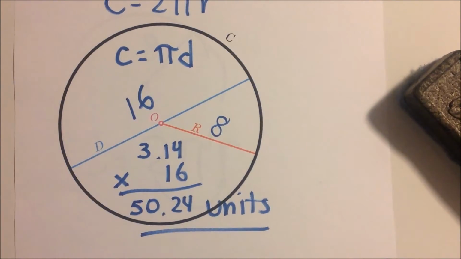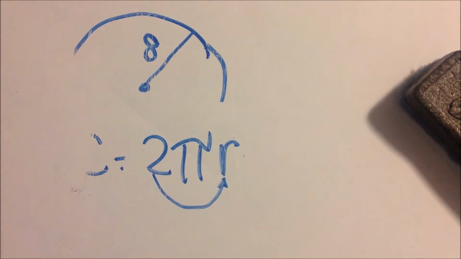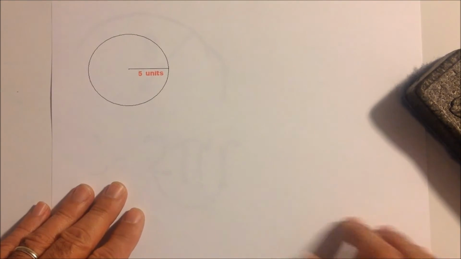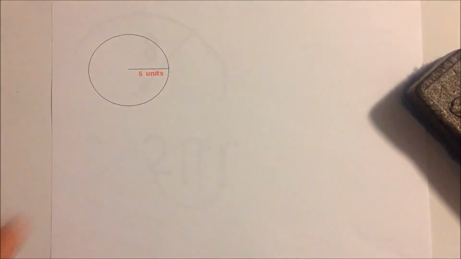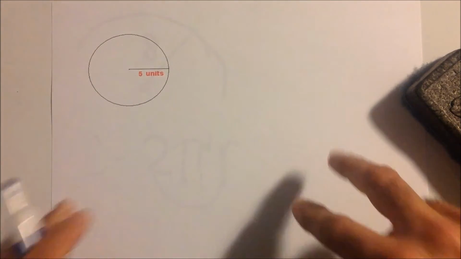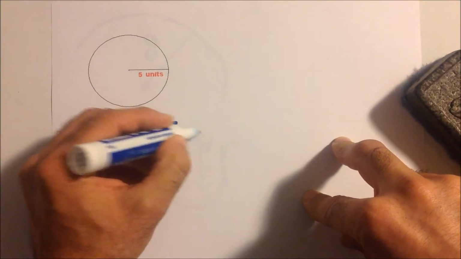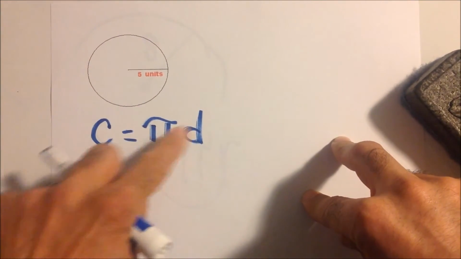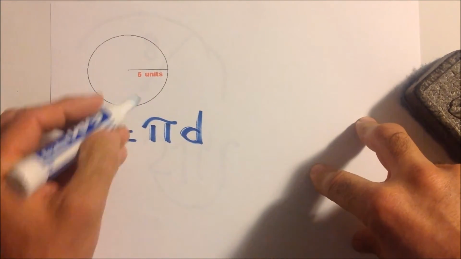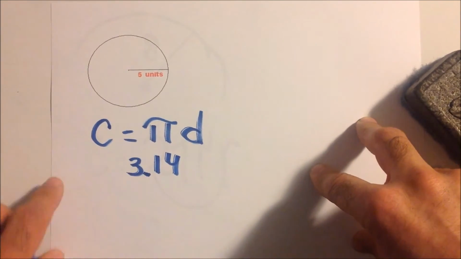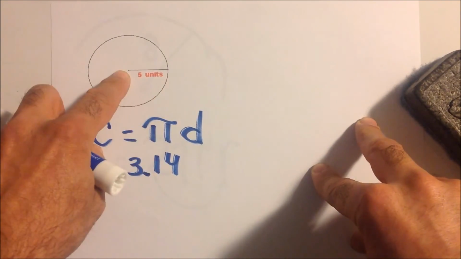Great. Okay, let's do another one. Try to find, this is 5 units, so try to find the circumference of this circle. So again, we have circumference equals pi times d. Cherry pie is delicious. And again, 3.14 is pi. Now we don't have the diameter, but we have the radius.